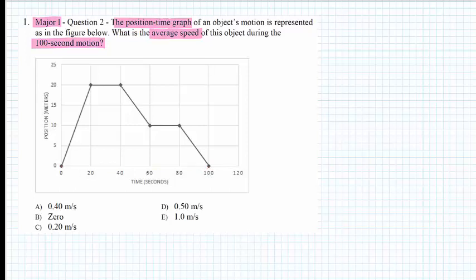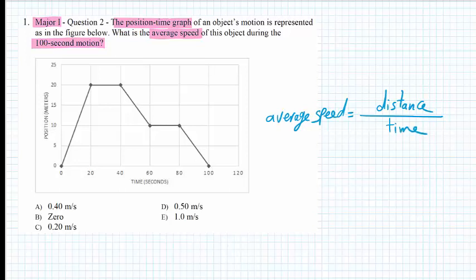Now what is the average speed? Average speed is the total distance over total time. So we need to find the total distance here. To find the total distance, you need to accumulate all the distances over all the periods.